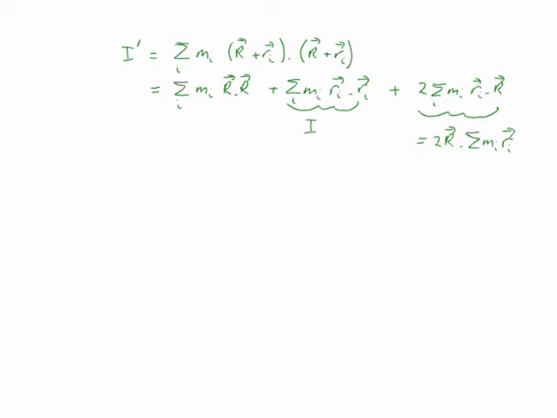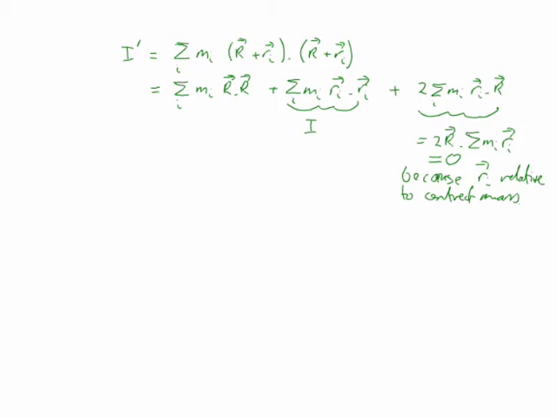So if we're doing this relative to the center of mass, this here is the definition of the position vector of the center of mass. So relative to the center of mass, the position vector of the center of mass is 0. It's at the origin, right? So this here is equal to 0, because the r_i are relative to the center of mass, so this adds to give 0.